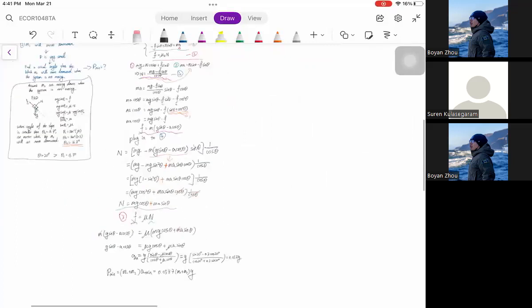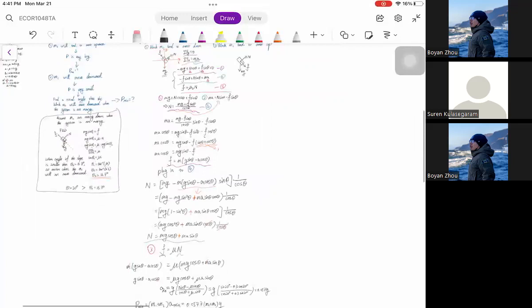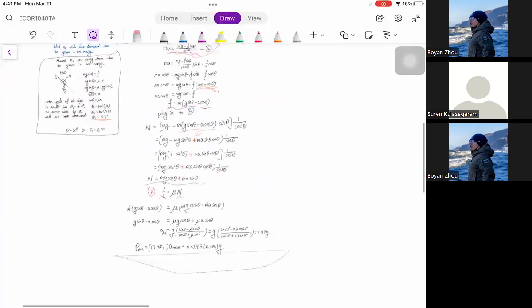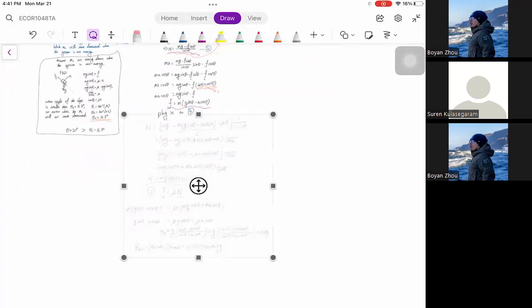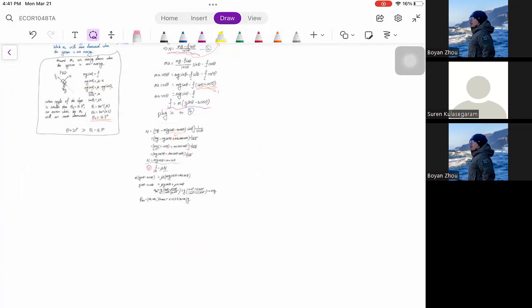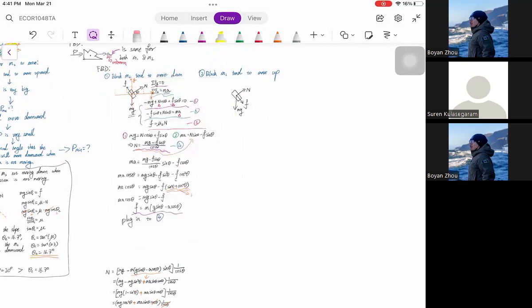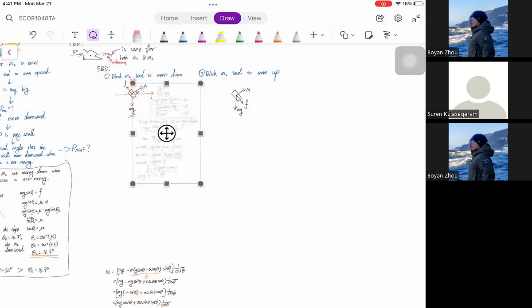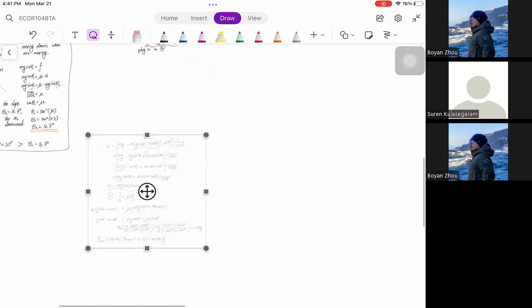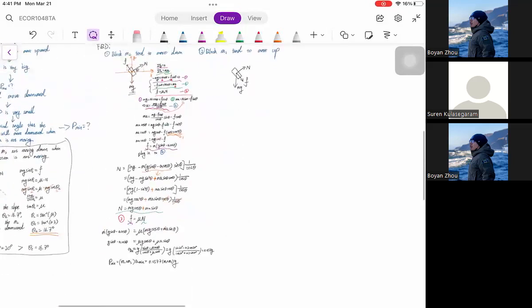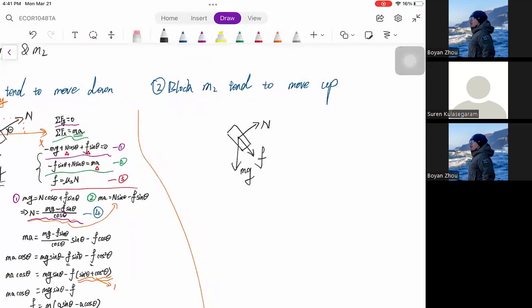So that is the minimum. And then we're just going to repeat the whole process again to find the maximum. So for the maximum, the resultant force in the y direction is also 0.